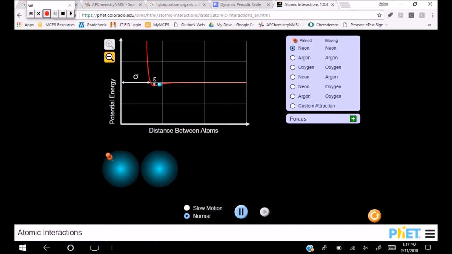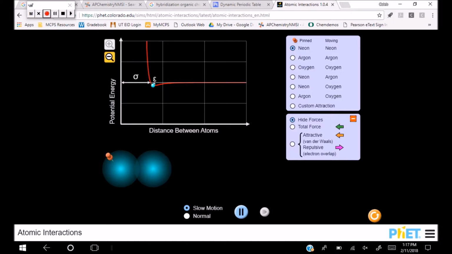They keep bouncing back and forth, and there's an optimal distance between them. So as they get too close, you got that overlap, and now you've got electron repulsion. You can see that if you look at the attractive force. You can see the attractive force gets greater as they move together, but you also have a certain electron overlap that makes things too repulsive.